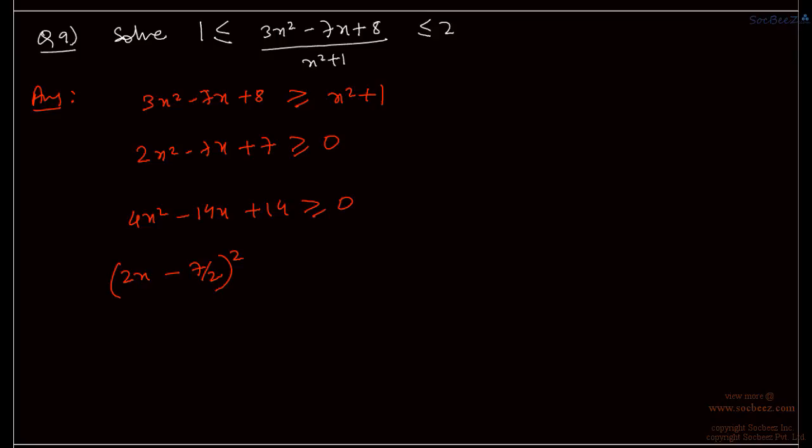First one is 4x squared, fine. The next will be 2 into 2x plus 4x into 7 by 2. That gives us minus 14x plus 7 by 2 squared, plus, it's minus here because we are already adding one term here. It is minus greater than equal to 0.